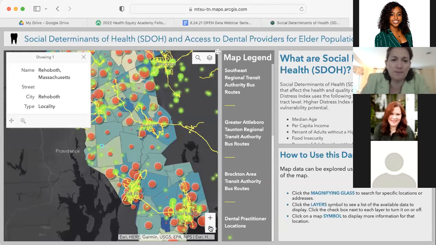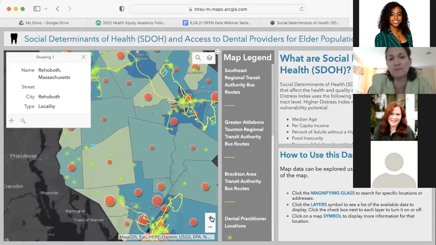So one of the areas that we looked at was Rehoboth, Massachusetts. As you can see, it's got a fairly deep green color, and a fair number of red dots around it, so people that are 65 and older. It's got a few dental practices, but virtually no transportation routes into that census tract area.